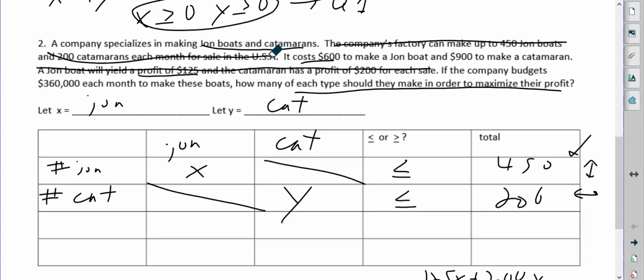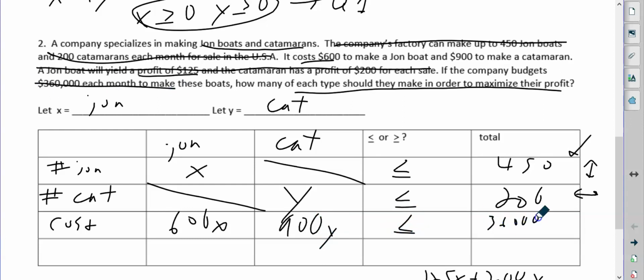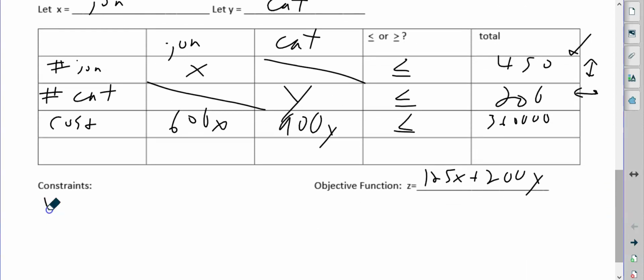Let's see if there's any other information they give us. It costs $600 to make a John boat and $900 to make a catamaran. Cost. So $600 for a John boat. If you want to put the X here, you can. $900 for a catamaran. And how much money do they have? $360,000. That's it. Now we just bring these down.